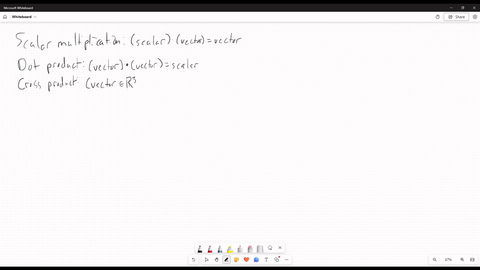So a vector in R3 cross another vector in R3. And when we do that, the output is going to be a third vector in R3. And we'll talk about how exactly that works soon. So those are the three kinds of products we're going to talk about today.